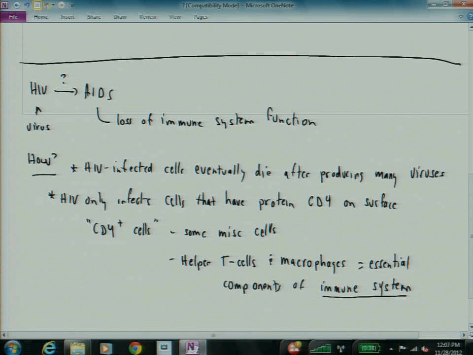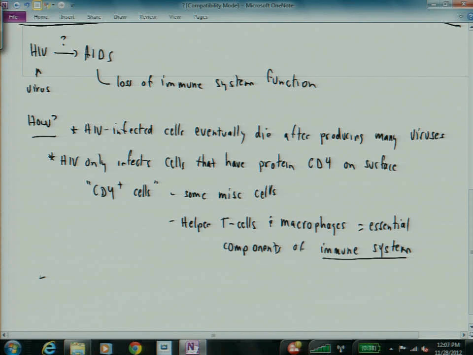And so as a result, HIV, the virus, is present in blood and some body fluids of infected people, depending on the particular bodily fluid.